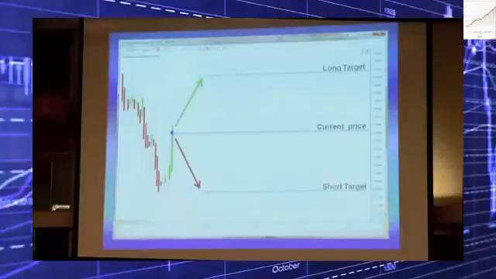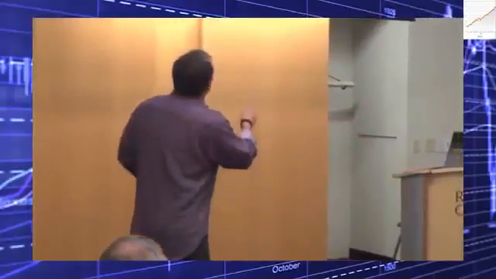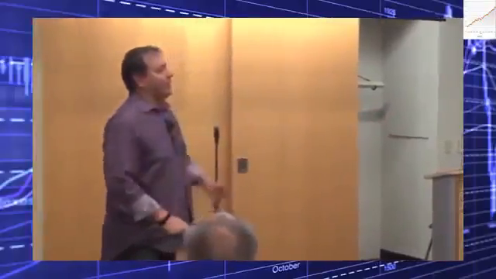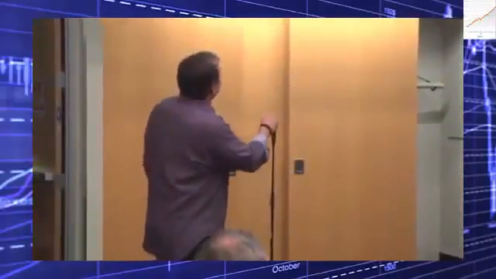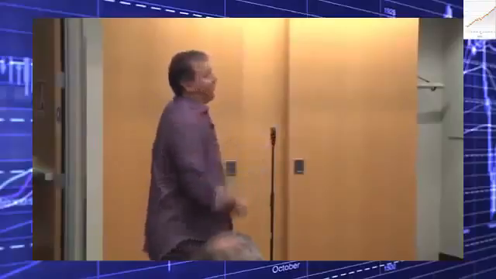Now, I will argue with you that no matter what this price is, sooner or later, I don't know when, and I don't know which one will come first, but I know in time the price will be either here or either there. Right?